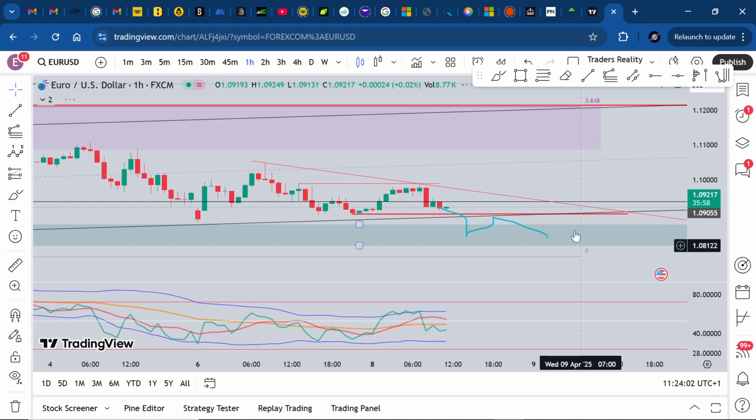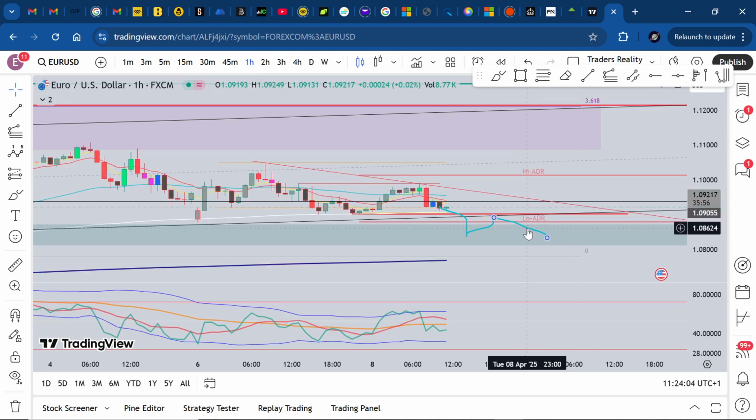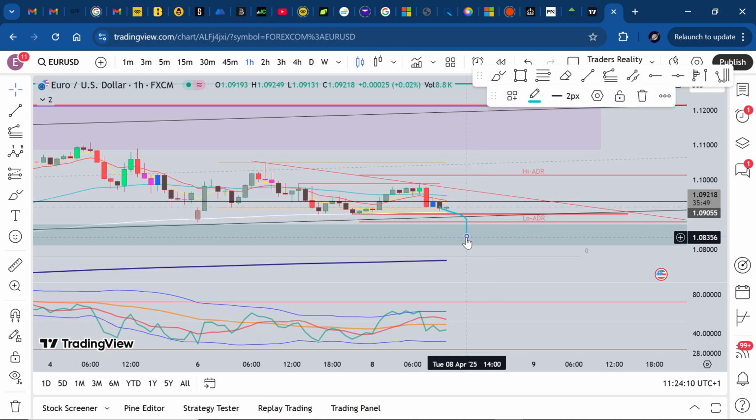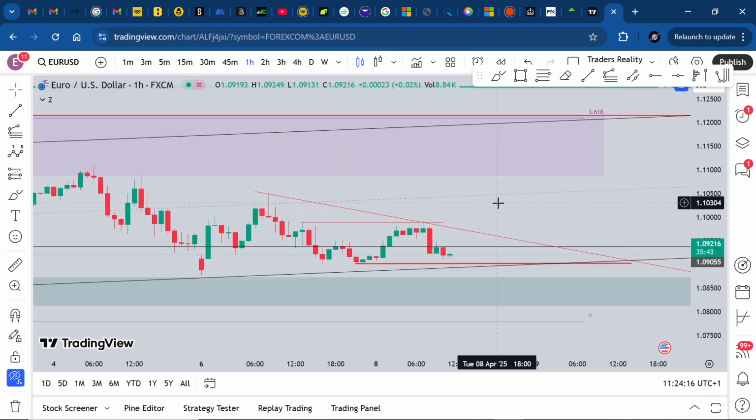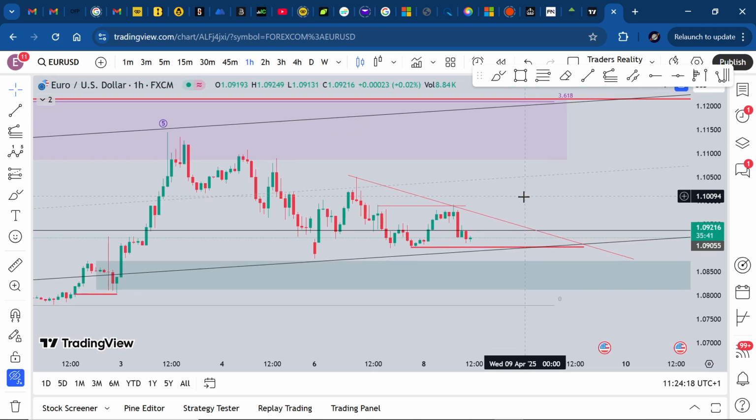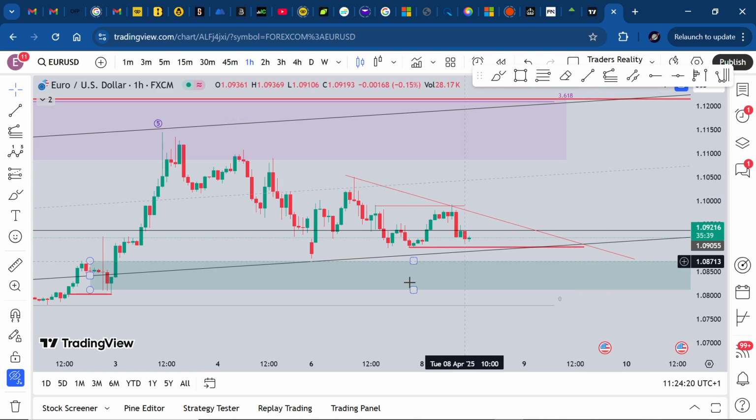If I jump onto the 1 hour time frame, currently we did swipe that high over there.